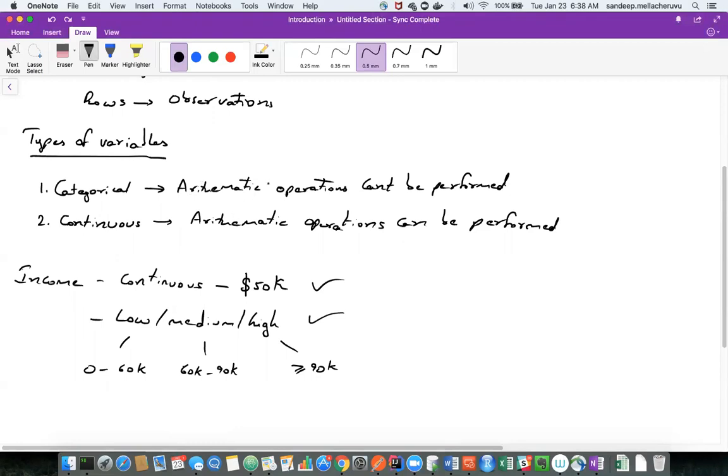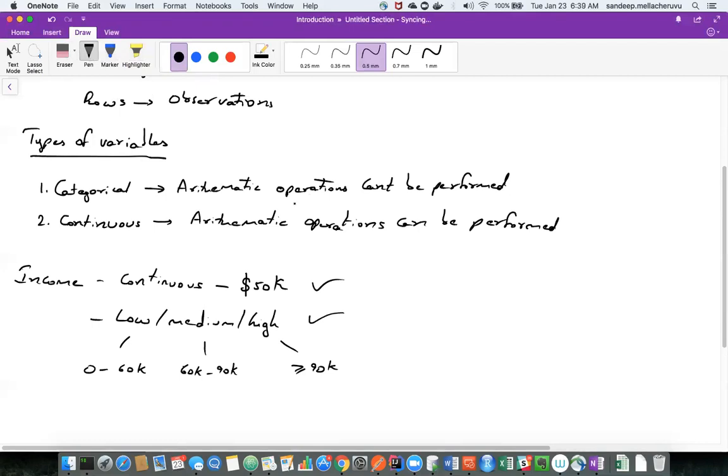Can you do addition between, let's say if animals is the variable name, dogs and cats? Obviously you cannot. So it's very easy to identify this way than any other way. That's why I would prefer you to remember, always go back to your basics and see, can you do arithmetic operations or not.